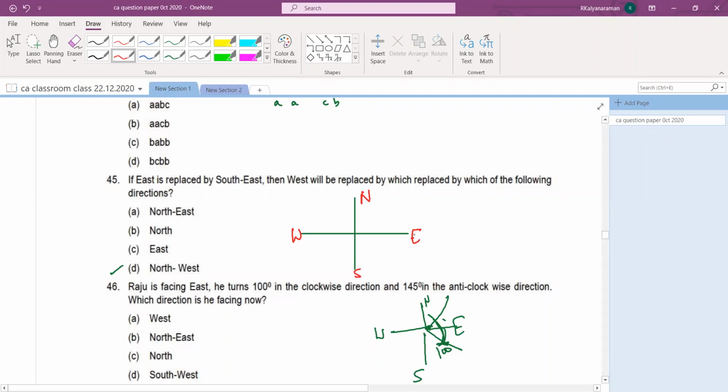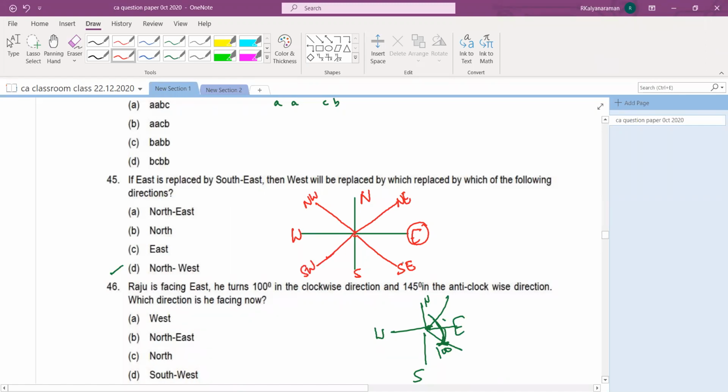Now instead of south, east, I'm going to say southeast. That means this is southeast, this is northeast, this is northwest, this is southwest.